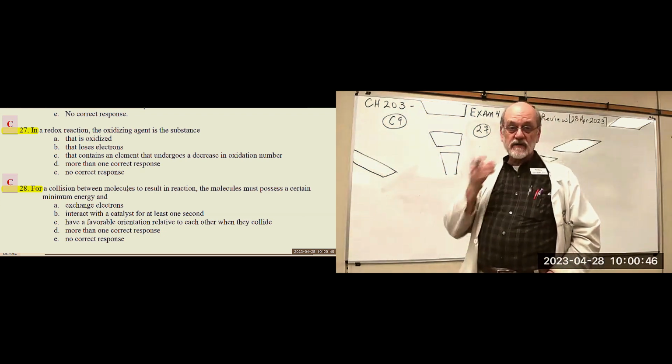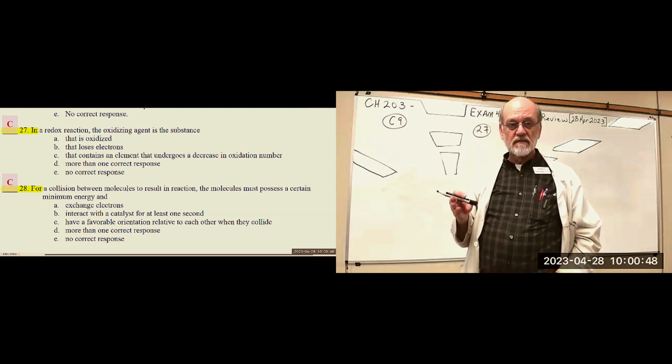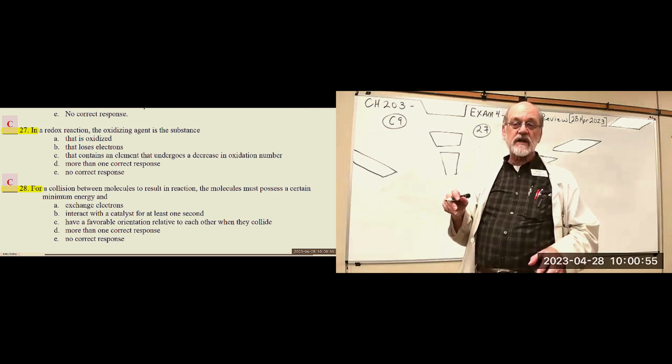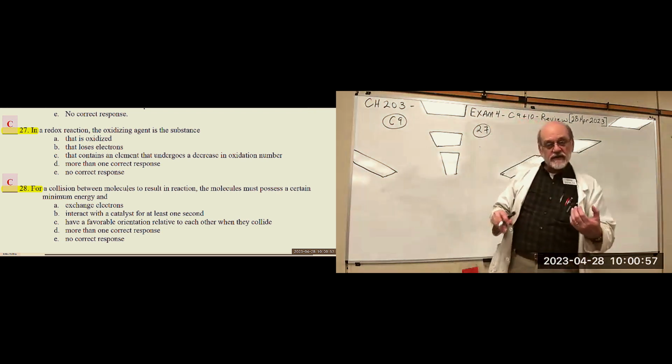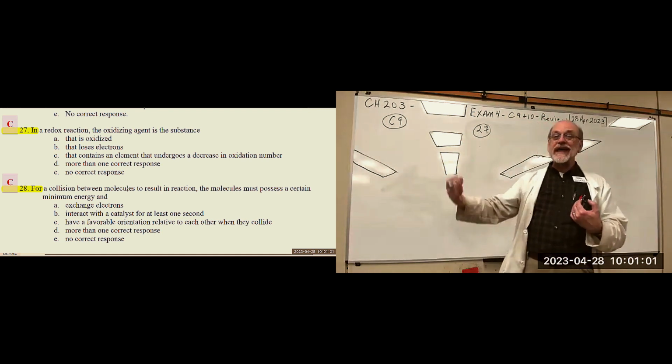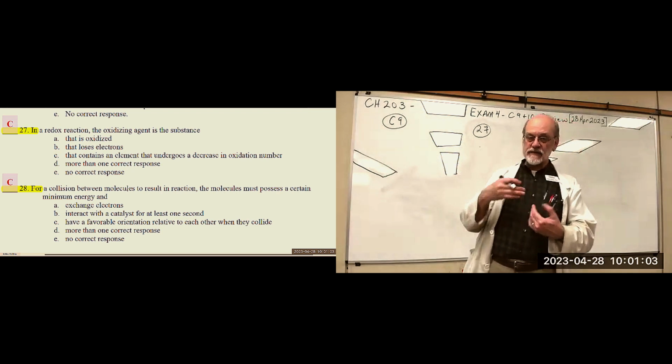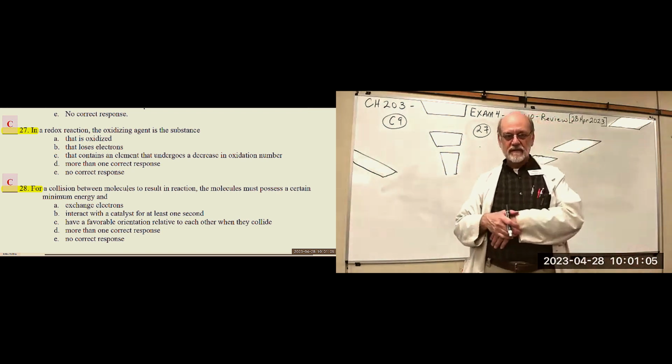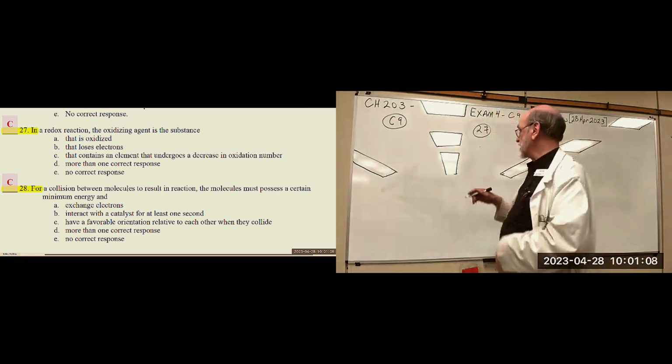It gains electrons. So C, that contains an element that undergoes a decrease in oxidation number. If an oxidation number decreases, you have to gain electrons. You go negative. Add negatives, and you go negative. So C is the answer to this one.